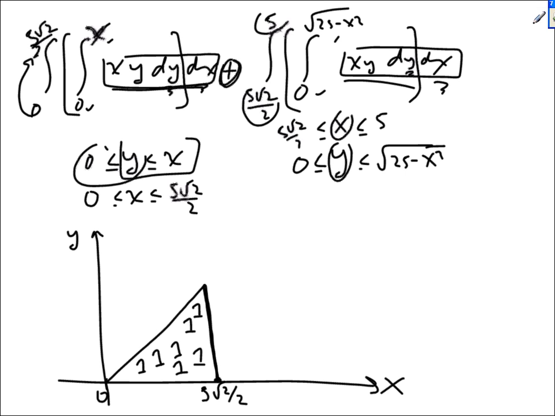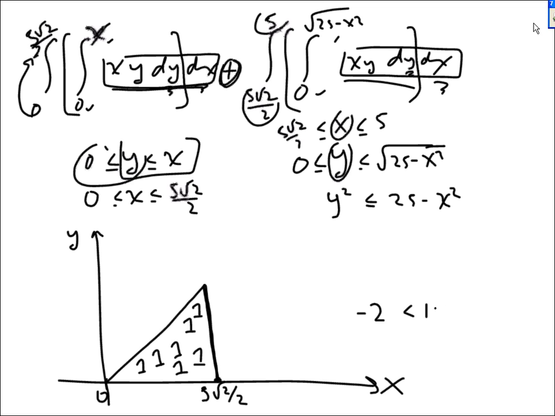Now, since y is positive, I can square both sides, and the inequality doesn't change. For example, negative 15 is less than 10. But if I square both sides and leave the symbol the same, I'm wrong. 225 is not less than 100. But if things are both positive, you can get away with it.